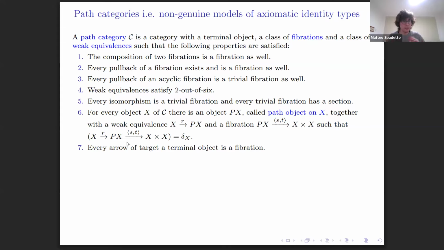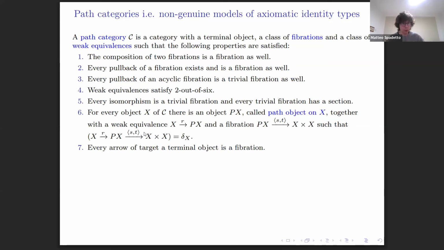So if we follow this interpretation, then this fibration will constitute a type in a given context. And the idea is that, similar to how it happens for model categories, this will constitute our identity types.